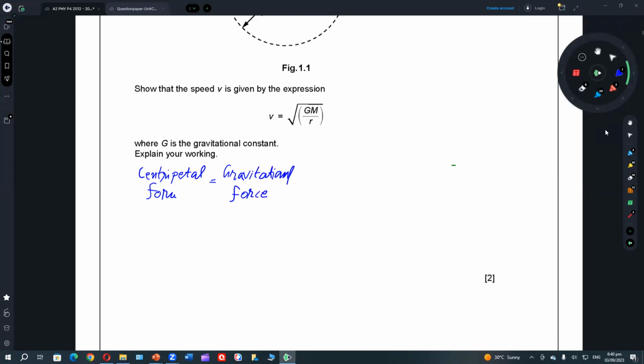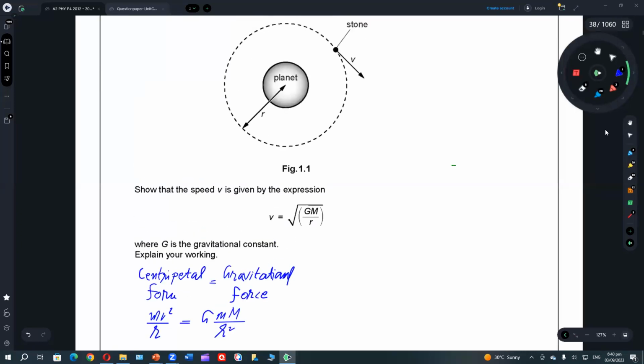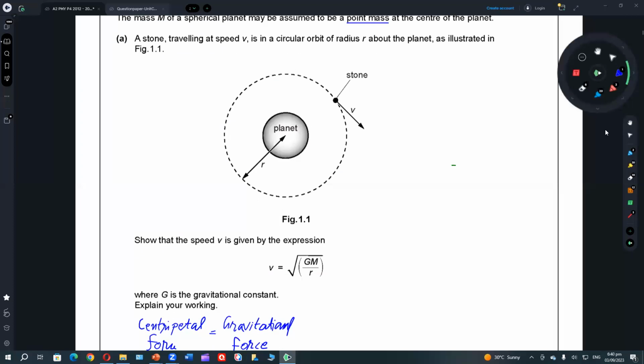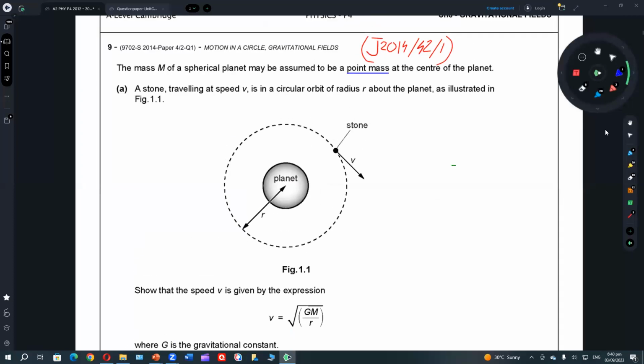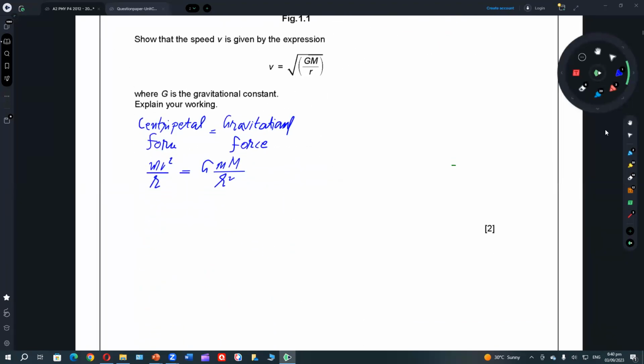Centripetal force is equal to gravitational force. This is the first step of the derivation.